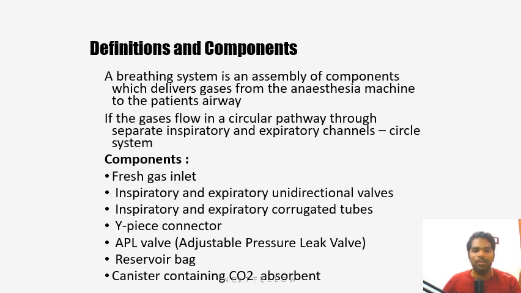Some gas is getting absorbed. To maintain the pressure inside the system, we need an adjustable pressure leak valve. This valve can be set to various pressures from 0 to 70 millimeters of mercury. Normally we set it around 20 to 40 millimeters of mercury. That is the pressure inside our lungs. So to adjust the pressure only, we have this adjustable pressure leak valve.